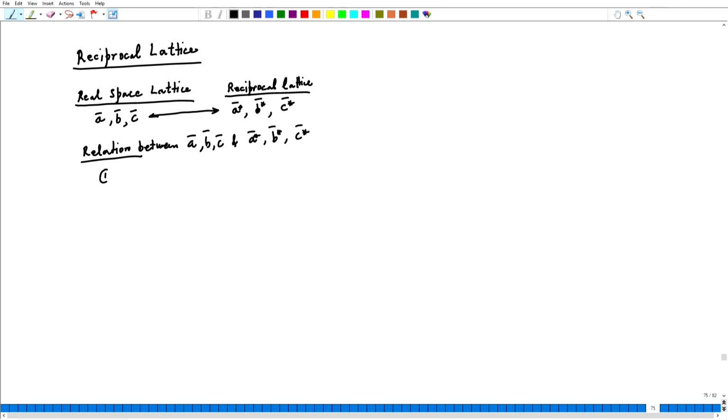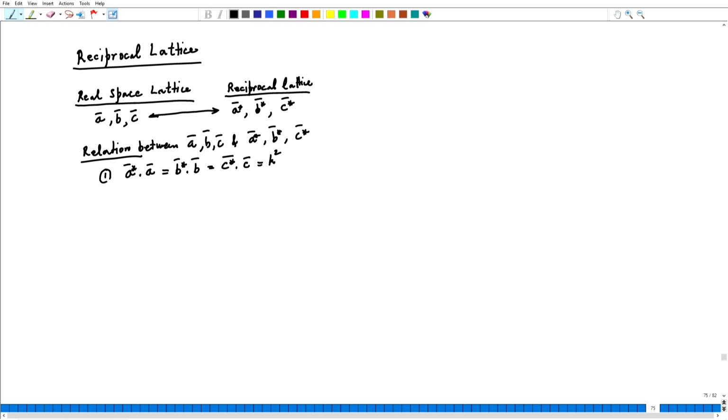One set is that if I take the dot product of the reciprocal lattice vector A star and the real space vector A, this will be equal to the dot product between B star and B. It will be equal to the dot product between C star and C, and this would be equal to some positive quantity. I could call it K square.